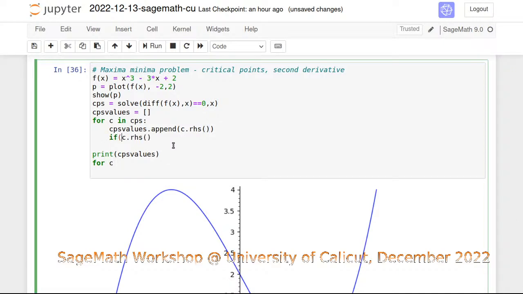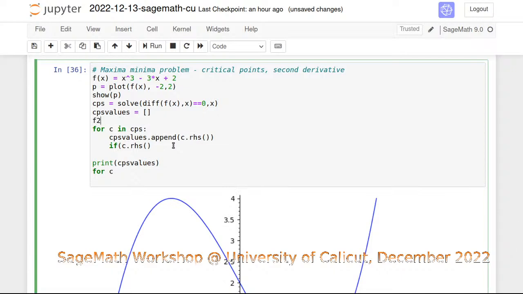We need to find f double dash x and evaluate. So let us find f double dash here: f2 x equal to derivative of fx with respect to x 2 times. So this is the second derivative.